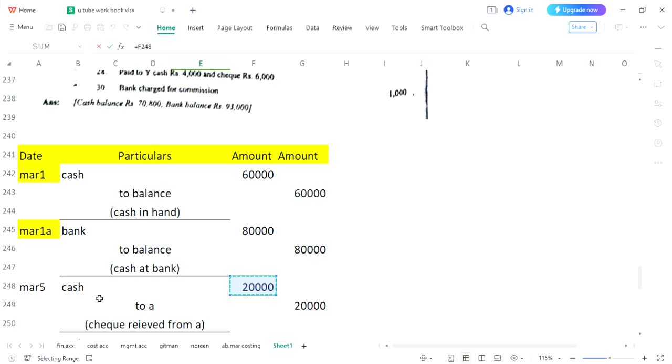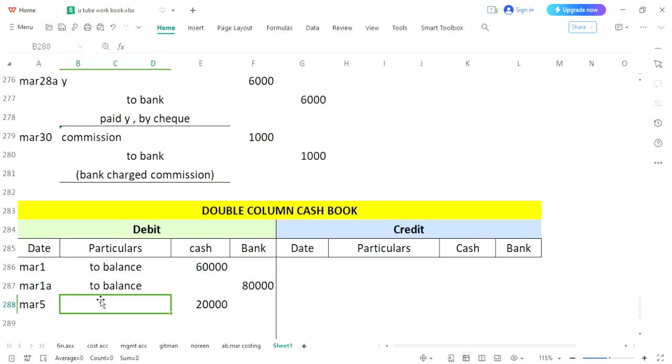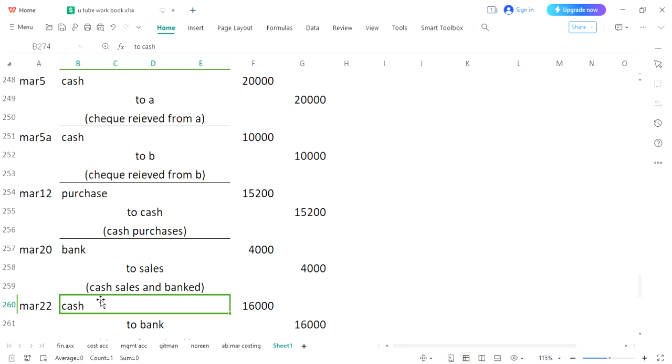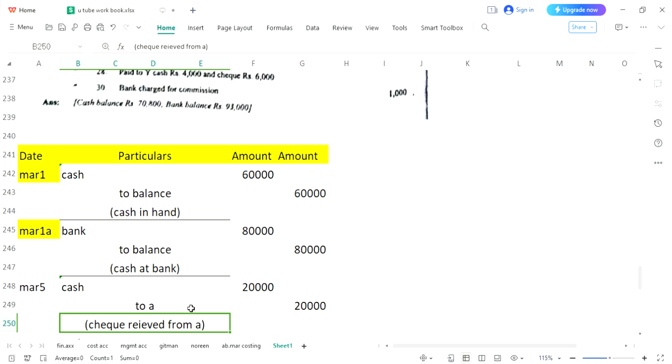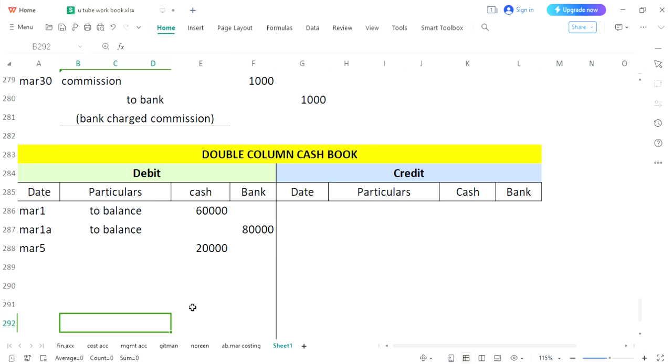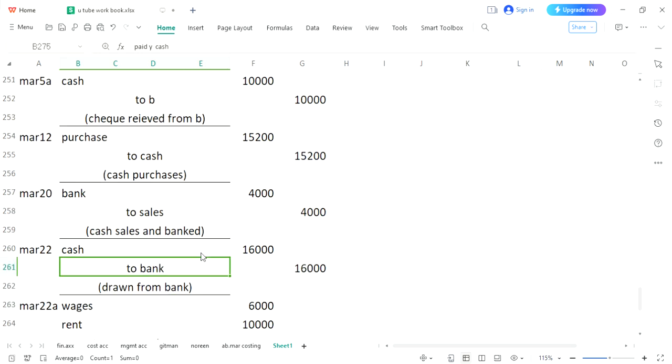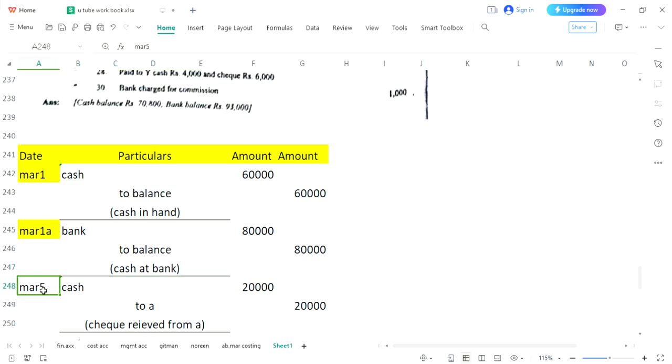We will put 20,000 on the debit side. Now see what is written on the opposite side. Look, cash was debit 20,000 and A is written on the opposite side. So we will post A over here. In this way, the March 5th entry is also completed. We are marking it as done.